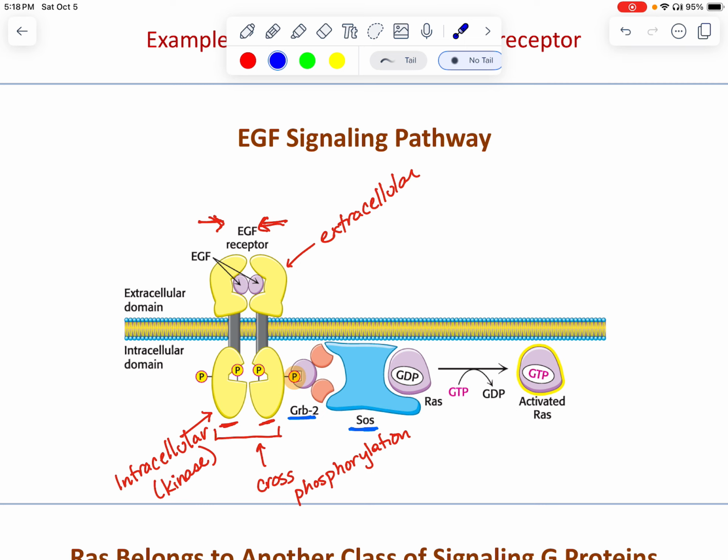So remember our G proteins from the 7-TM receptors. It's a type of G protein, and just like the other ones, when it bonds GDP, it is inactive, and when it bonds GTP, it's activated.